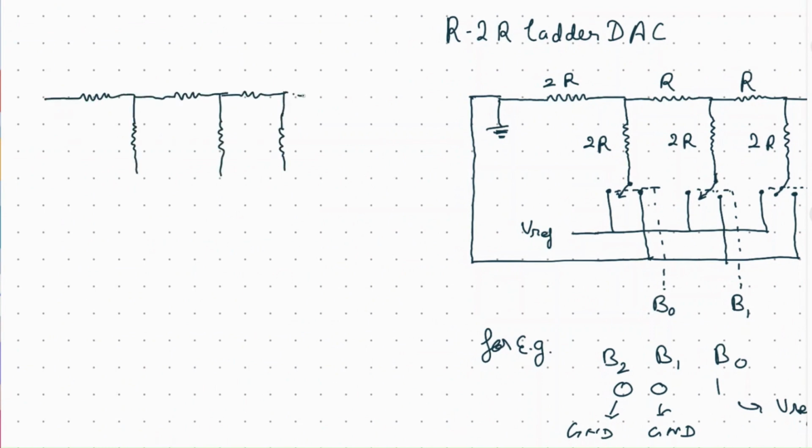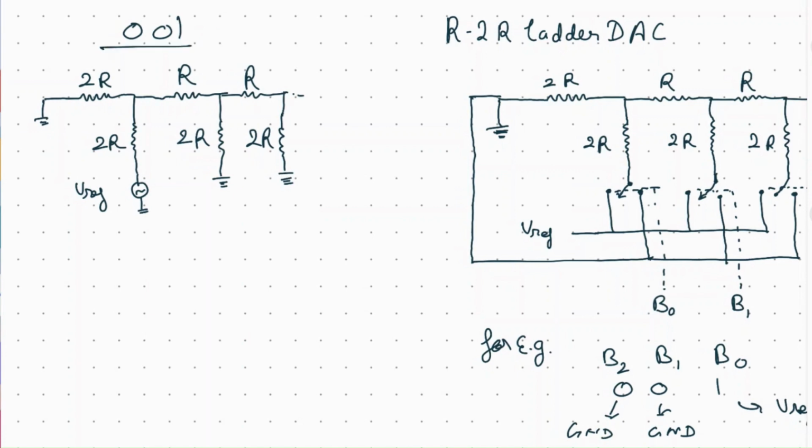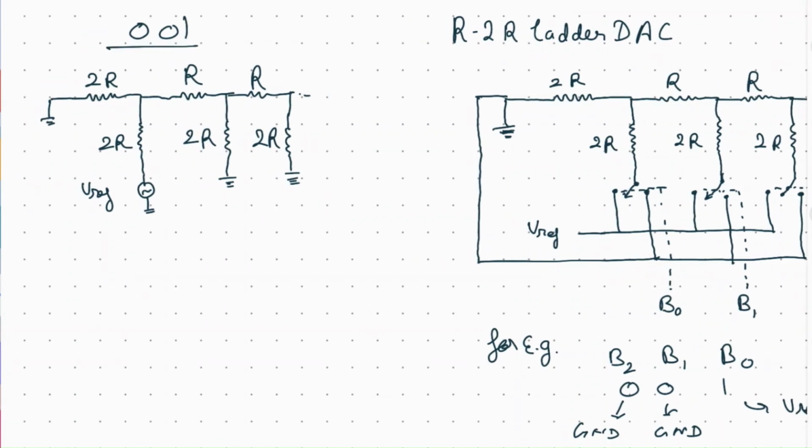Now let's solve this R-2R network for 001 code. To solve this, we have to calculate its Thevenin equivalent resistance.